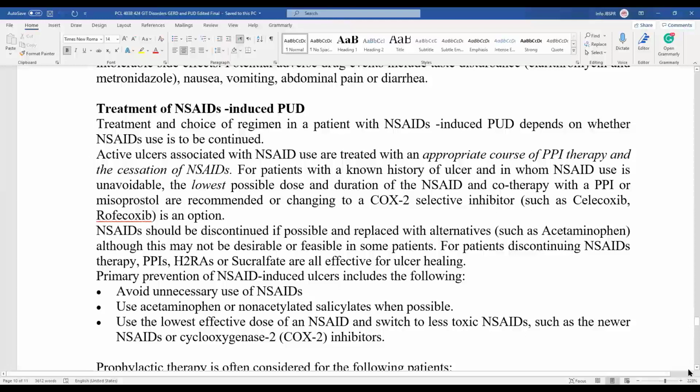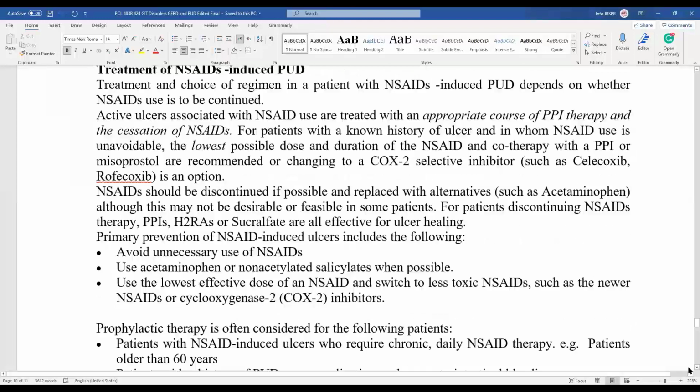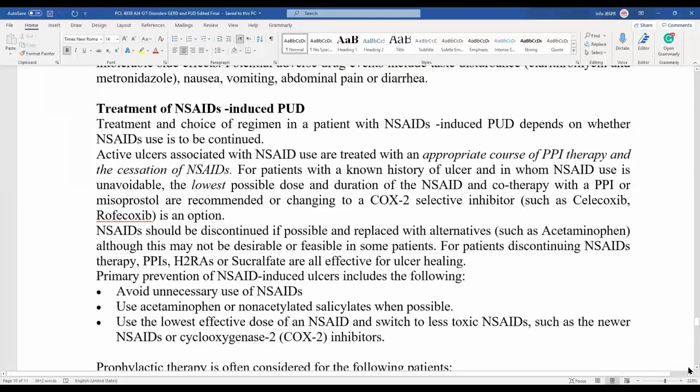Since they're already taking the combination therapy that contains the PPI, can't you give them an NSAID alongside? No, I don't think it's right, because since we said it's an aggressive factor, you don't want to add an aggressive factor to your treatment.